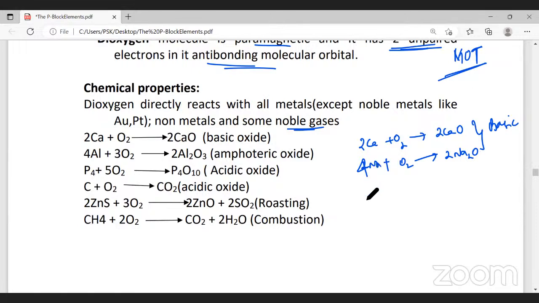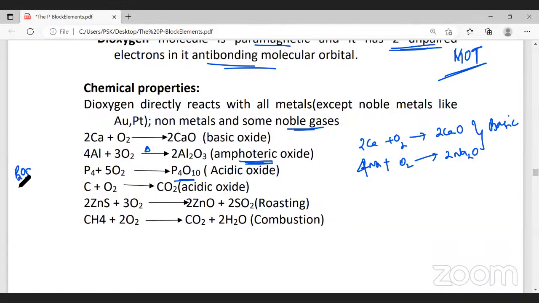Now, if we take aluminum and heat it with oxygen at high temperature, we get aluminum oxide. It is an amphoteric oxide, meaning it can behave like an acidic oxide or like a base. Phosphorus, when heated with oxygen, gives phosphorus pentoxide.